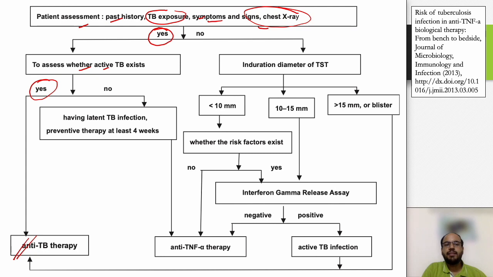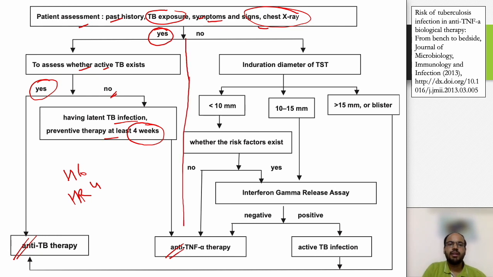If active TB is not there, you look for latent tuberculosis and give preventive therapy with isoniazid for 6 months or isoniazid-rifampicin combination for 4 months. You give preventive therapy for at least 4 weeks, and then you give anti-TNF-alpha therapy. Clear? We are clear from here, and this is when you find a focus of TB.